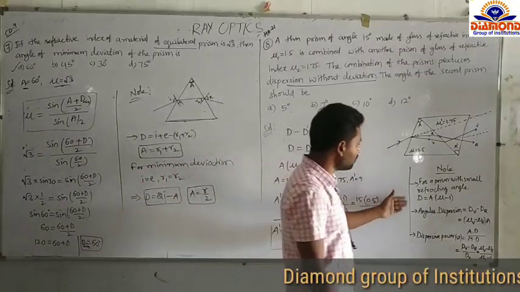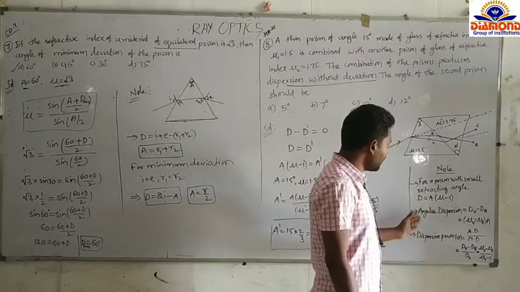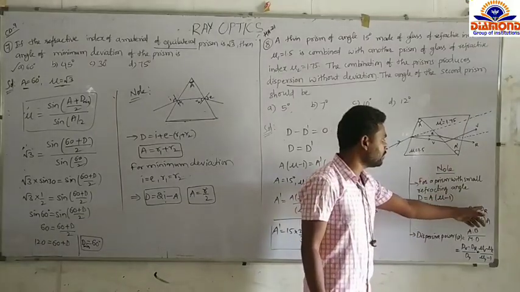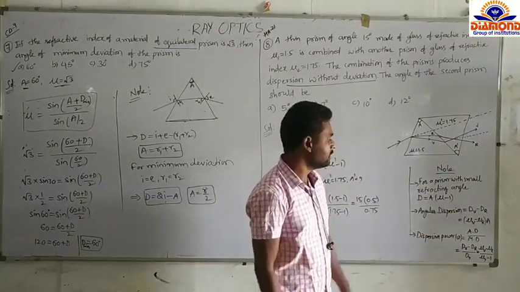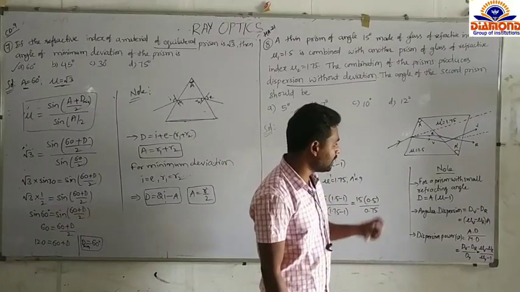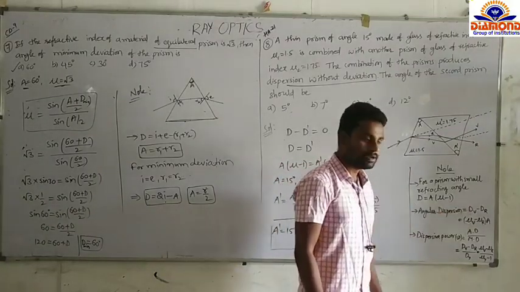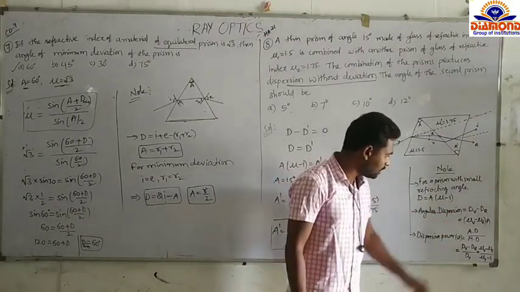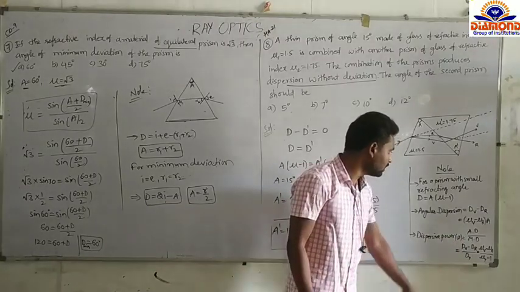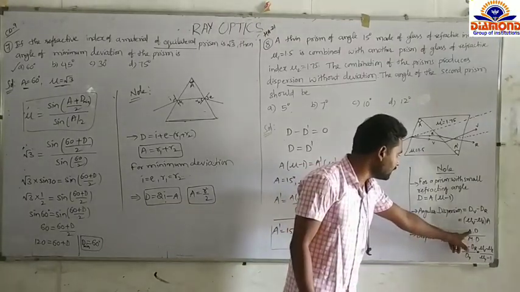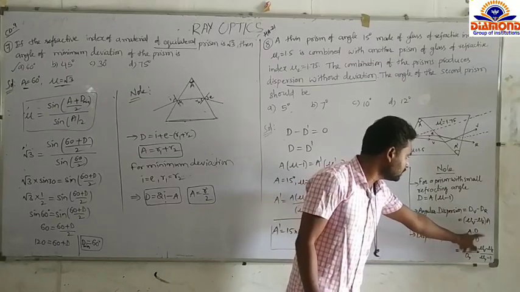Along with this, you have to remember two more formulas. The angular dispersion formula is nothing but d_V minus d_R, how much dispersion there is between the violet color and red color. Next, remember the dispersive power formula: dispersive power equals AD by MD, that means angular dispersion by mean deviation.